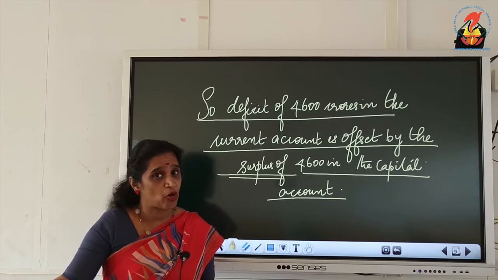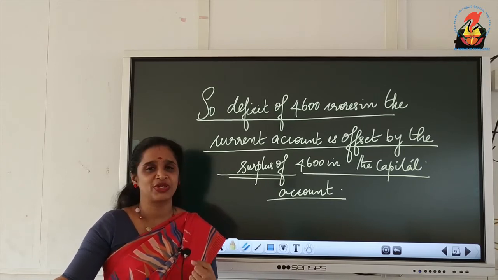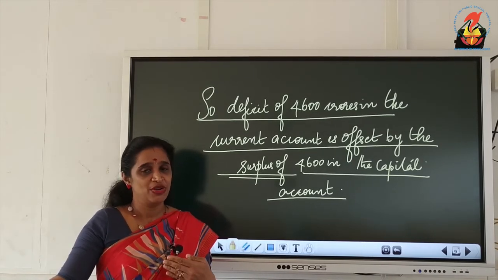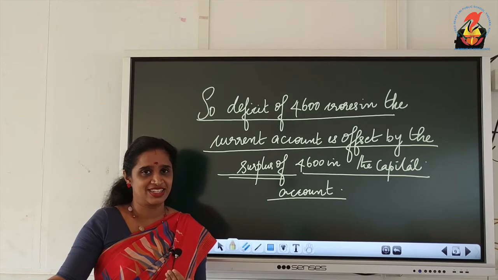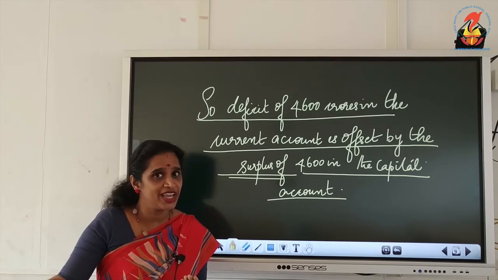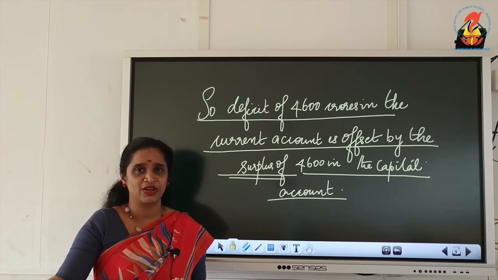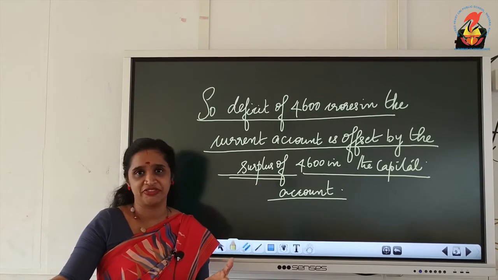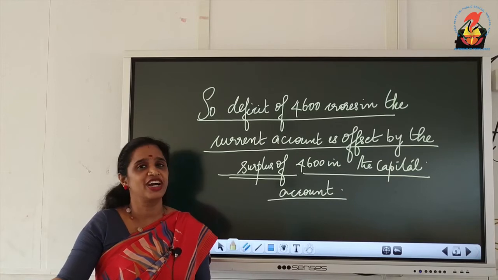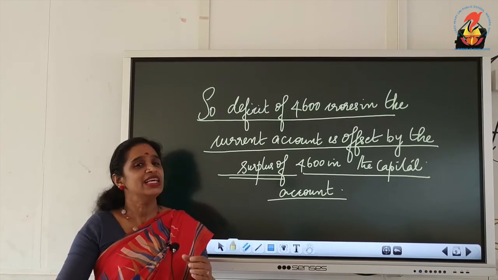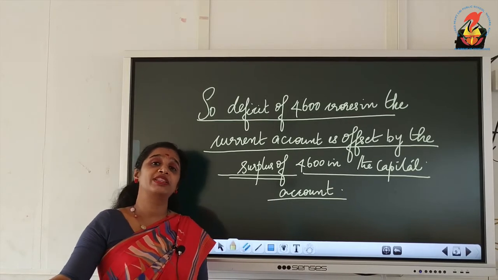The actual problem was a deficit, but that problem is rectified by the surplus in the capital account. Normally, this kind of deficit is offset by the capital account.